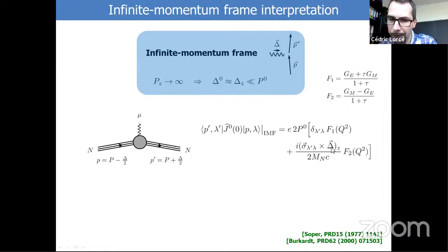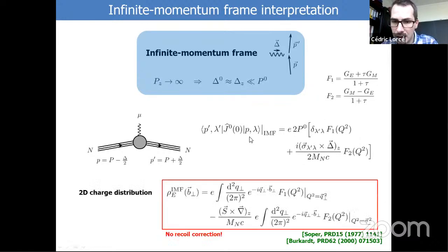This then motivates taking not a three-dimensional Fourier transform, but a two-dimensional Fourier transform, because you neglect delta z in front of p_z. You don't have sensitivity to delta z, the momentum transfer in the longitudinal direction. The physical picture is that under a Lorentz transformation, you change the velocity of your system, and the system appears Lorentz contracted.